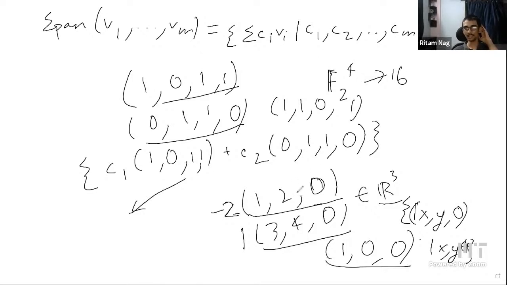Like you see these two vectors and these are linearly independent. Oh, by the way, I need to define linear dependence and independence actually. So let me talk about linear independence.